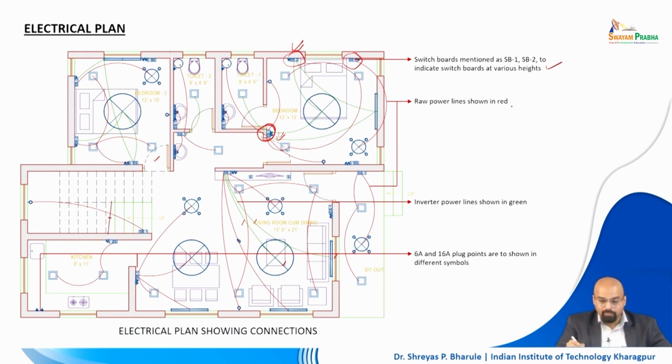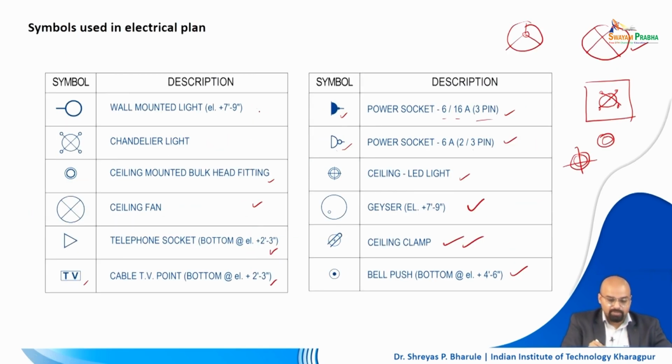Then you have the raw power line, which is in red lines, right. All the red lines you see are connecting this way. Inverter power we have already discussed, right. Next, the 6 and 16 ampere plug points are shown in different symbols. Here you have the 16 ampere plug points, right, and here you see the wall hung or wall mounted light, right.